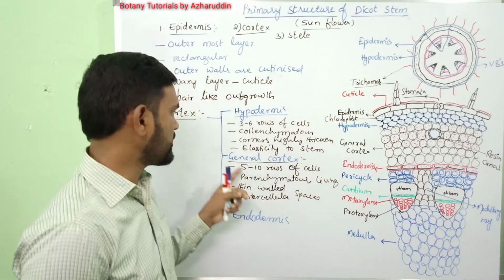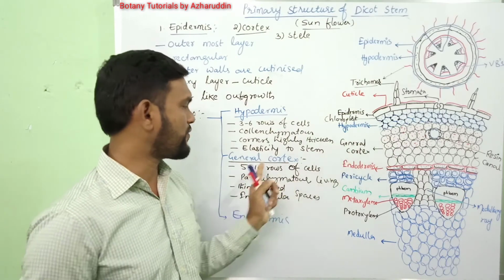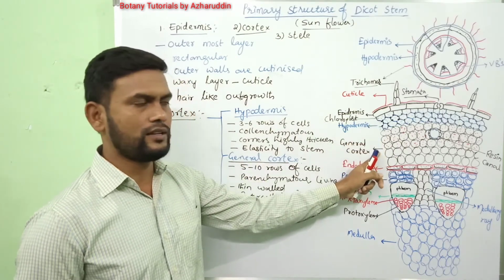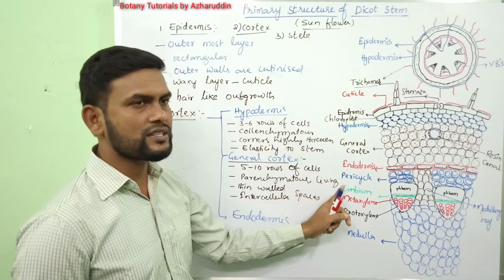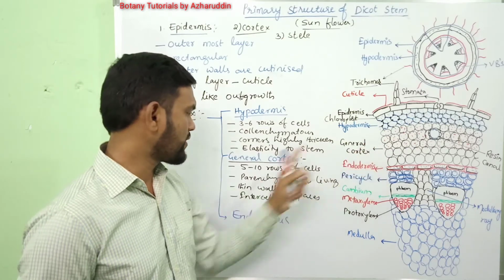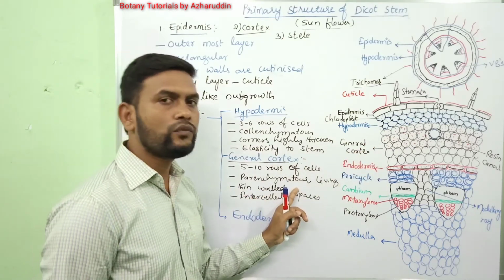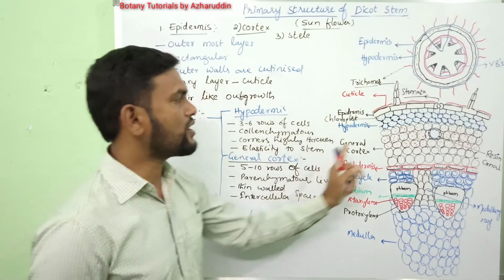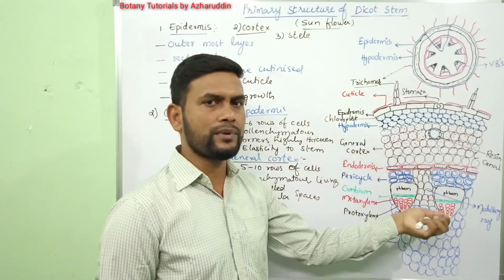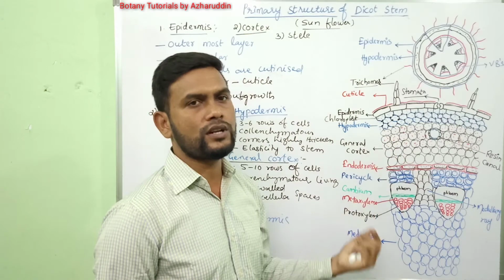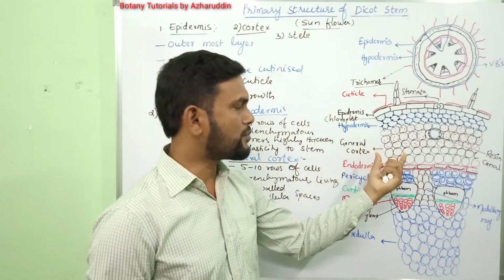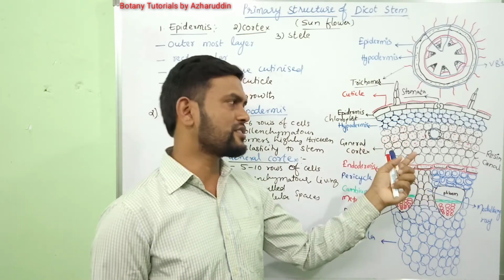Once again I am repeating, general cortex is composed of 5 to 10 rows of cells, parenchymatous in nature. Cells are living, and they are thin walled. Intercellular spaces may or may not be present. In some plants, intercellular spaces are absent, and in some dicot plants, intercellular spaces are present.